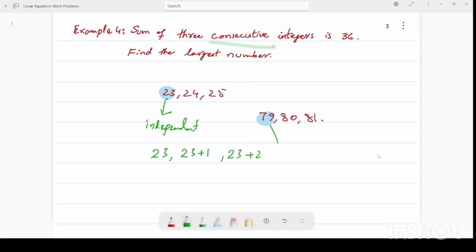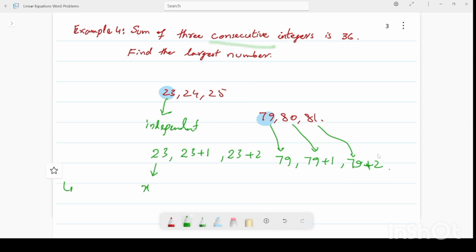Similarly, in the second example the first number is 79, the next number is 79 plus 1, and the second next number is 79, the same first number, plus 2. So we can see that if the first number is known, then the other numbers are dependent on it. Now we don't know the first number, so we'll assume that the first number is x.